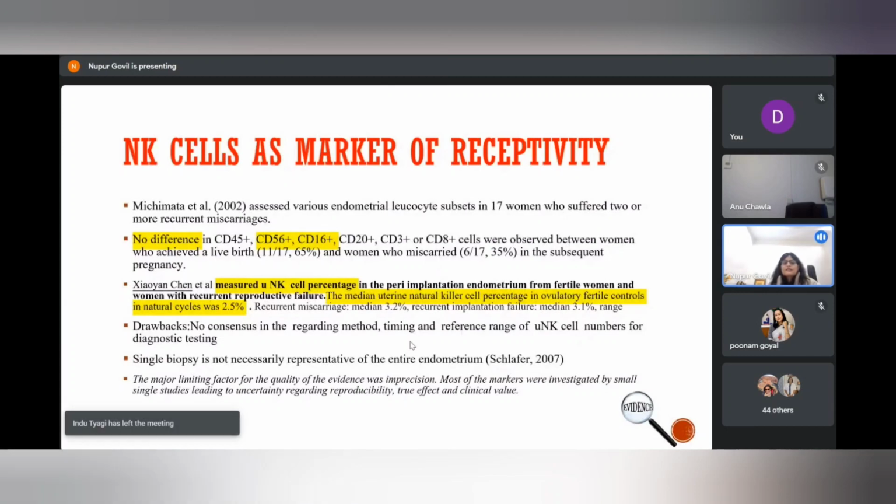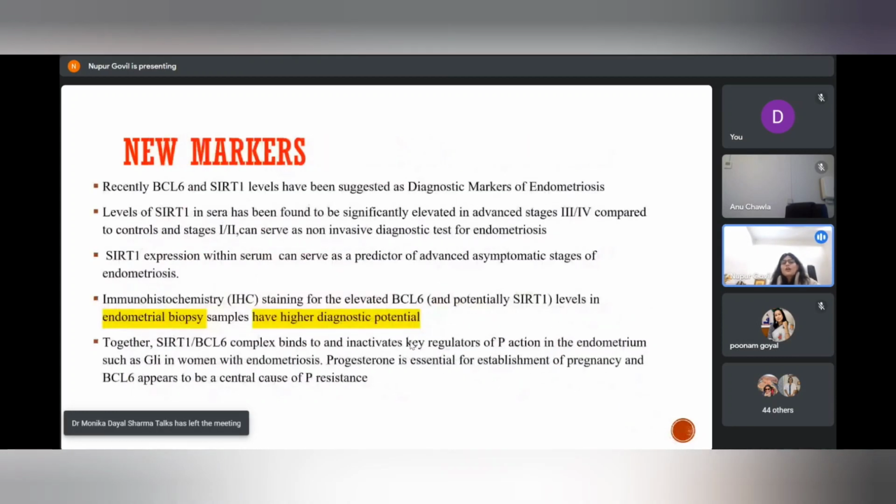So there are a lot of limitations to these studies, and based on the biopsy, we cannot put patients on unnecessary steroids or immunoglobulins. They can have their own harmful effects, and if the patient has endometritis or hyperinsulinemia, steroids or these medications can actually worsen the condition. So these need to be studied more.